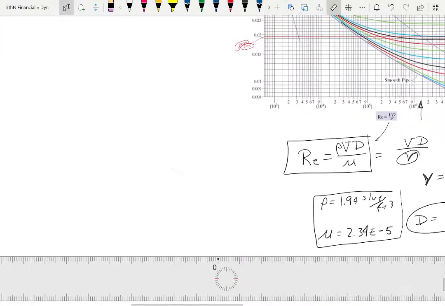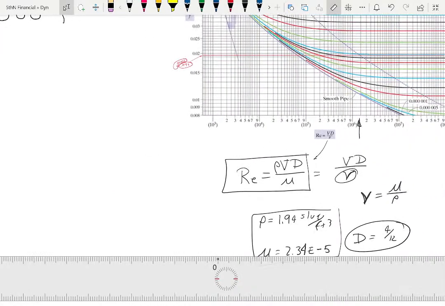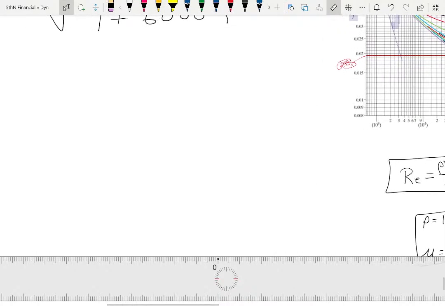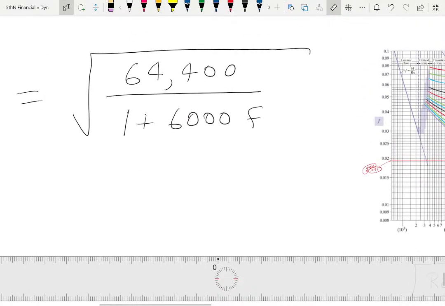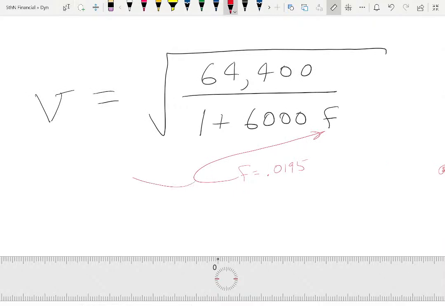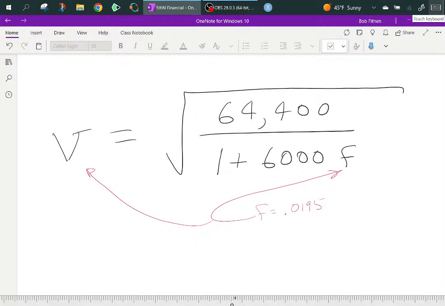Now, what do we have and where can we go here? If f is equal to 0.0195, I can stick it in here and get back my V. This is where something like MATLAB might come in handy.